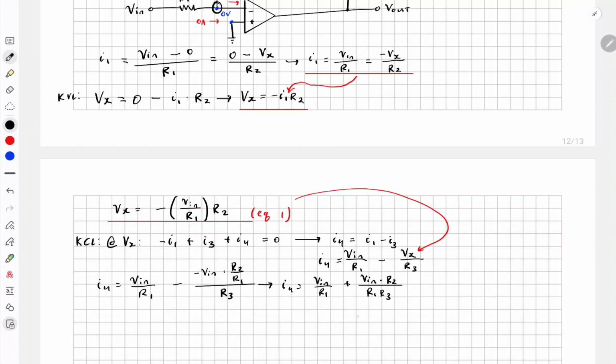You can factor out the R1, and you can also factor out this Vin. So you can say I4 is equal to Vin divided by R1 multiplied by 1 plus R2 over R3. And we will save this as equation 2. Save it for later.